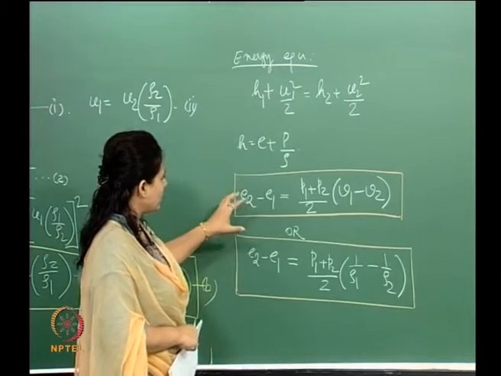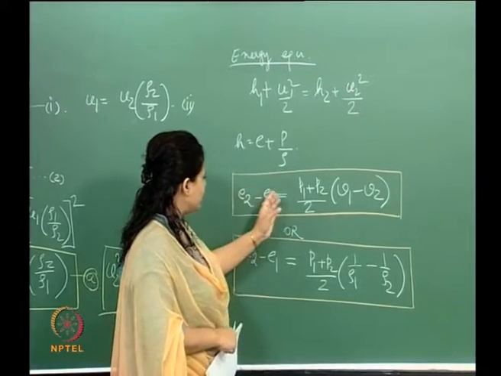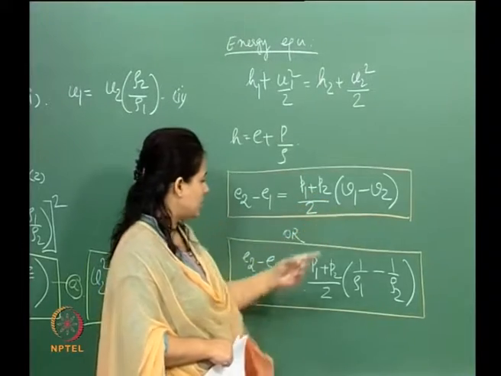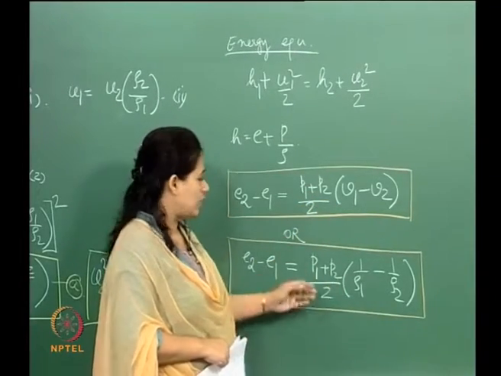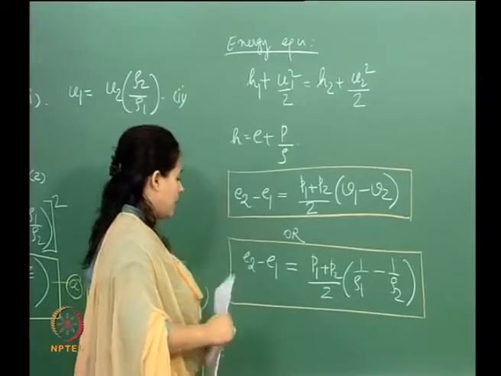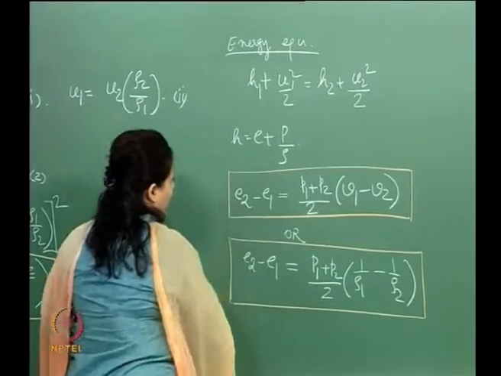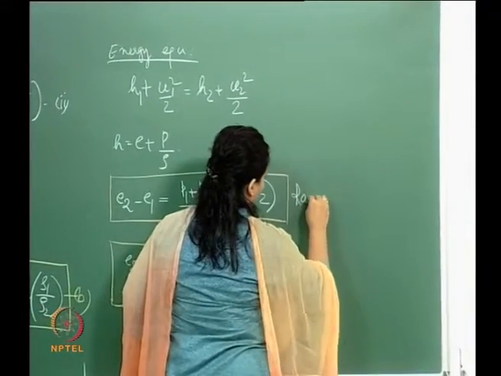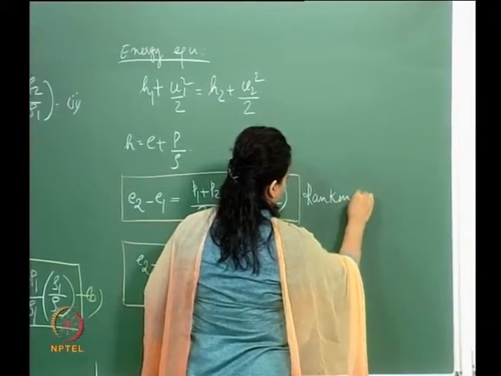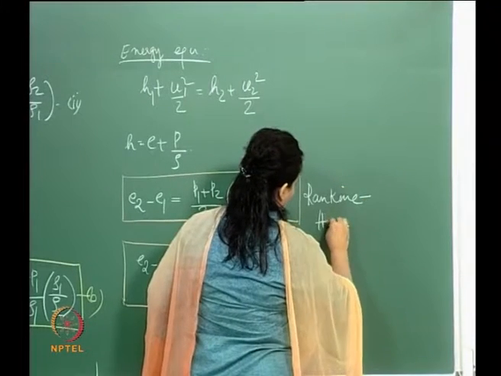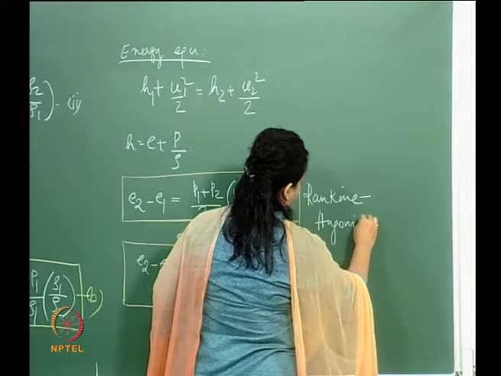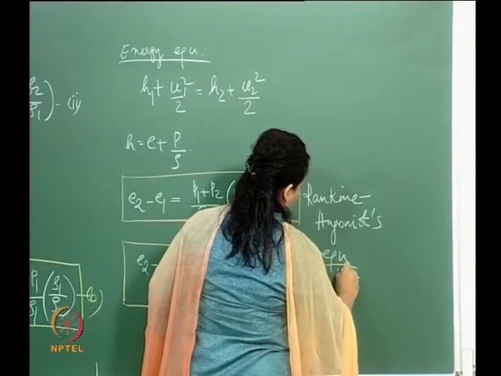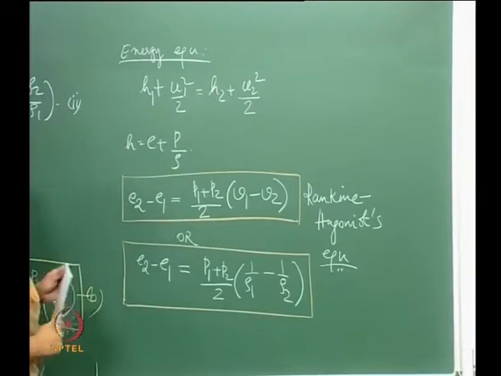So, we have the specific energy change in terms of the pressures and specific volumes, and you can also write this in terms of densities. Now, these two basically forms are known as, so basically, the Rankine-Hugoniot equation.